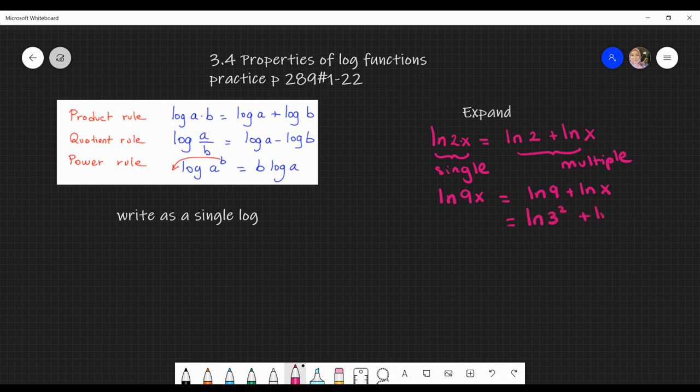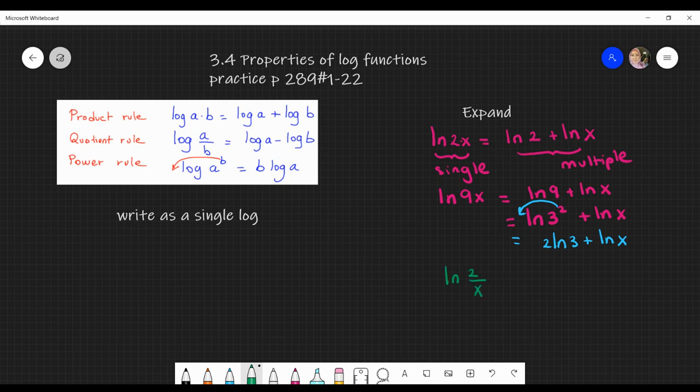And this is key to log expressions, because once you write this as a power, according to the power rule, which is the last one right here, we should bring the power down, and this will be 2 natural log of 3 plus natural log of x. So I would need another step to expand it more, and I used two rules, not only one. Let's take more examples with the expand.